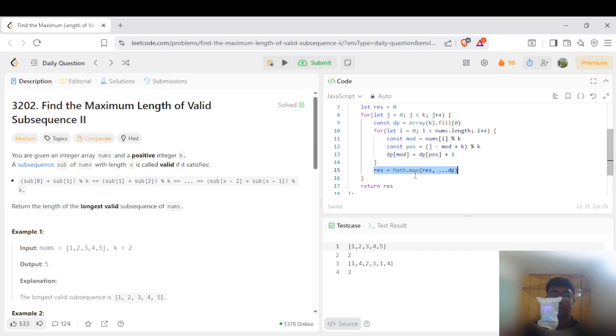Let's say we are asked to take a modulus of a single parameter and find a subarray; we could store it in a 2 by 2 DP array, which was for a specific or a constant mod. In case of a variable which we are required to dynamically mod, then we need to have a k cross k DP array, but here we are just using a DP array and just having to calculate math.max.